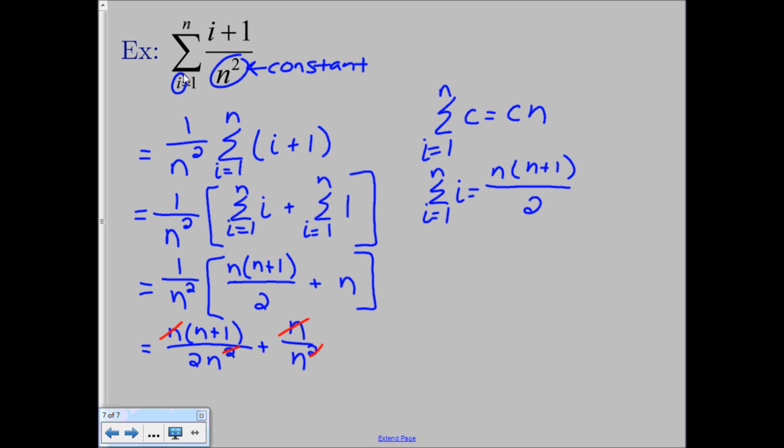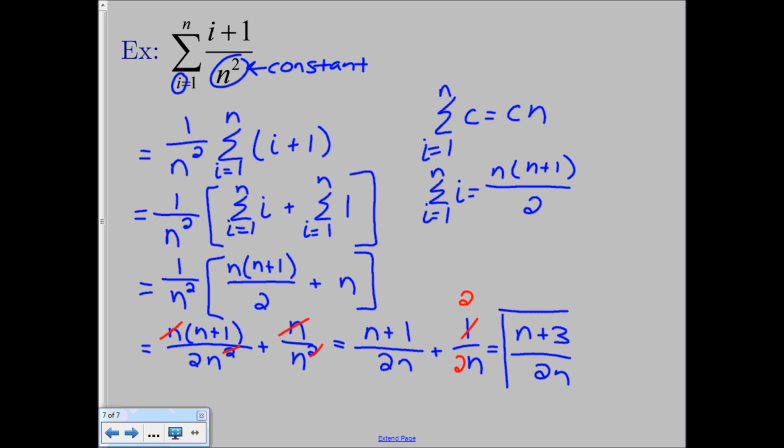So our final answer then is going to be n plus 1 over 2n plus 1 over n, which if you wanted to write it as one fraction, we could change the top here to be a 2, put a 2 here in the bottom just by multiplying in by 2 over 2 into that second fraction. We could get that this is really n plus 3 over 2n. So either answer is fine.